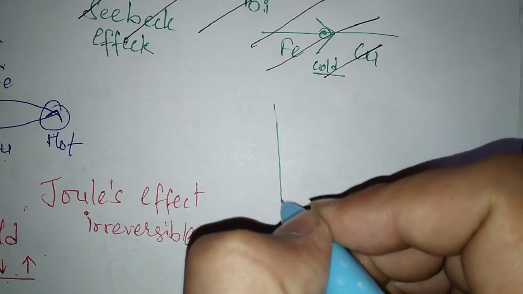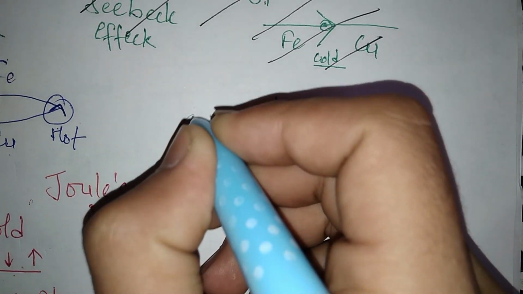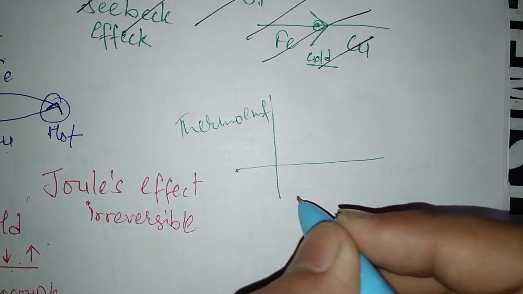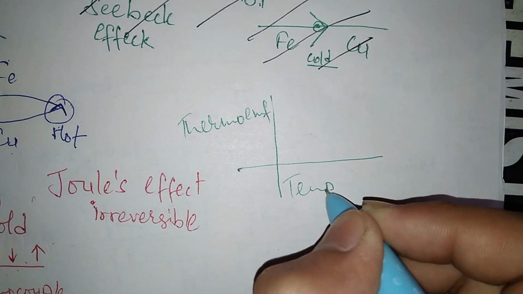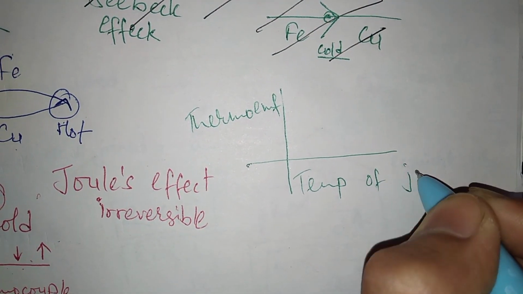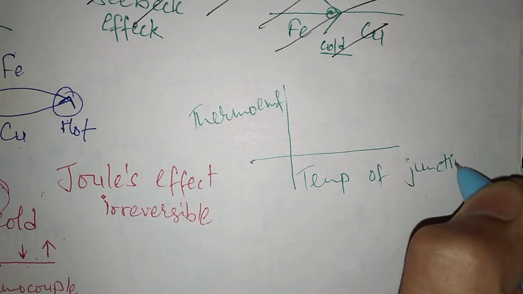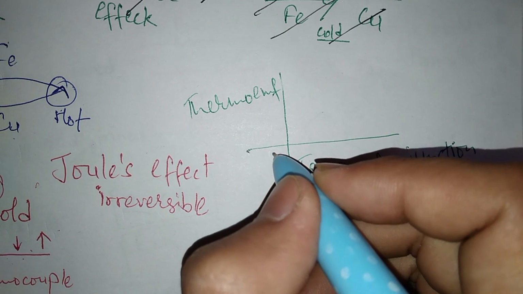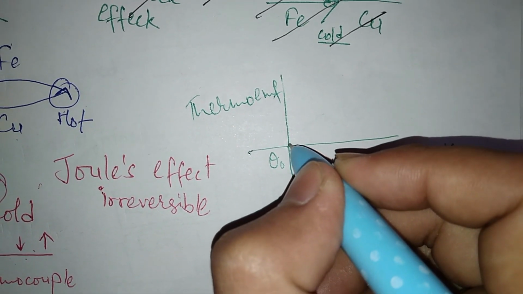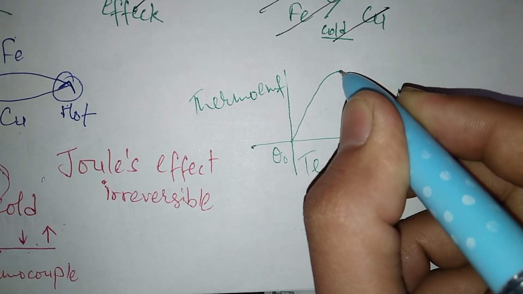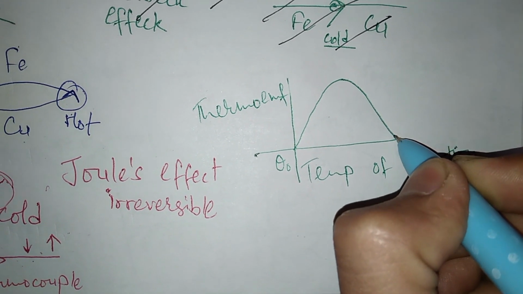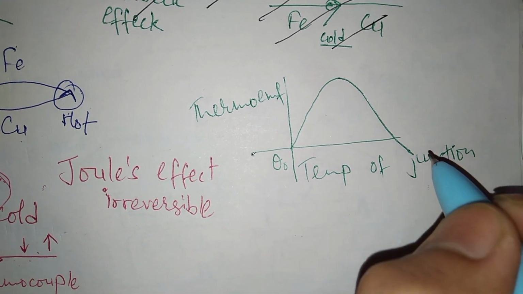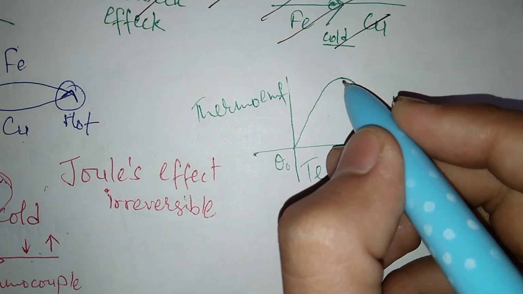Here is one figure of thermo EMF against temperature of the junction. From the start it is theta naught, and then it rises up, and finally it goes to 0 and then goes negative.